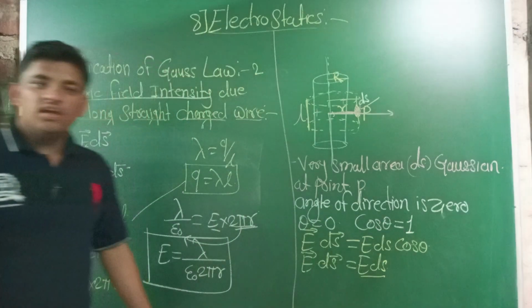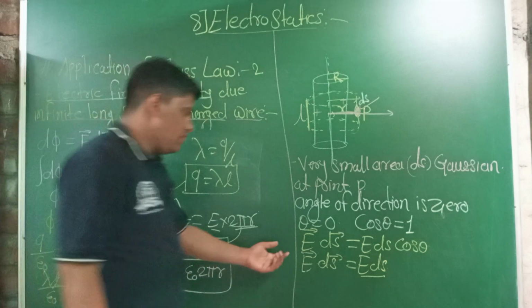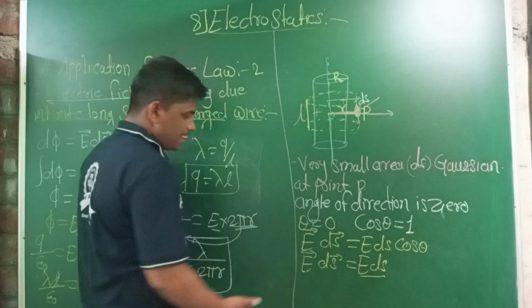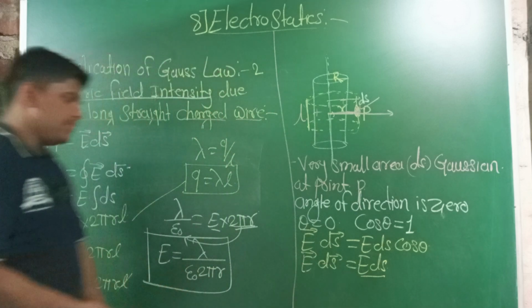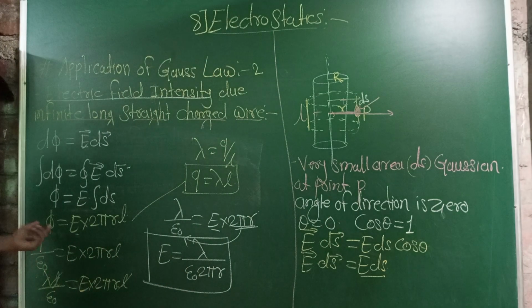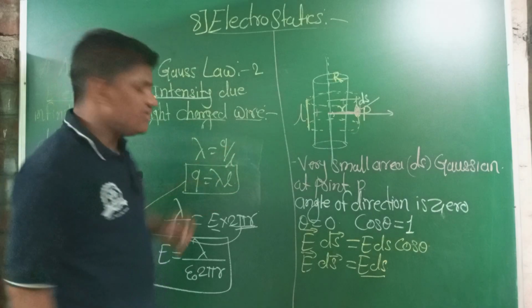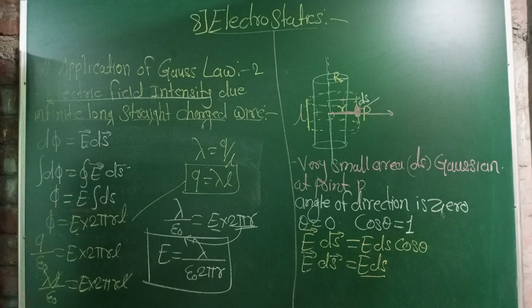We know that E dot ds is equal to E ds cos theta, and cos theta is 1, so we simply get these equations. We know that phi is equal to E dot ds. Using that, we find the electric flux through a small area ds, which is d phi equal to E bar into ds.